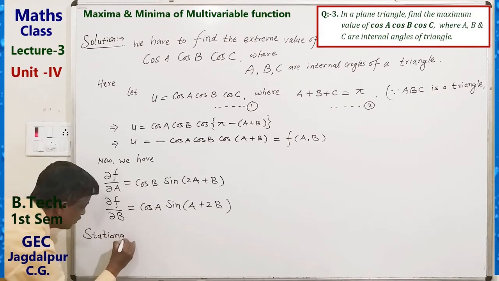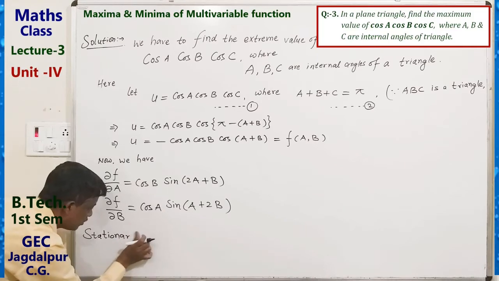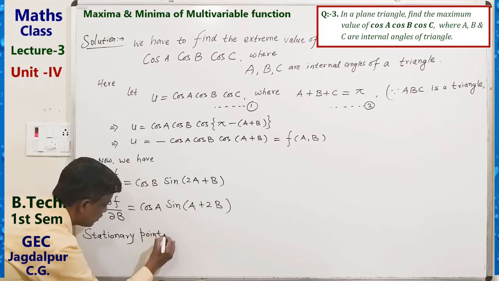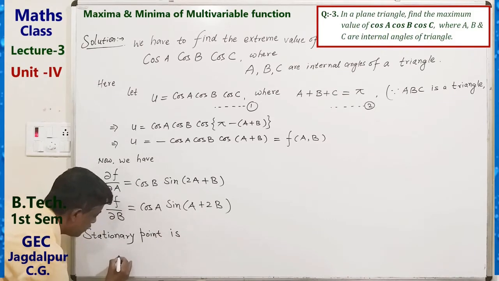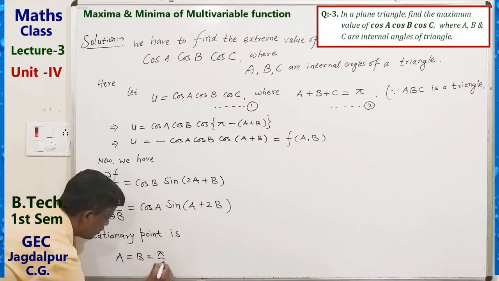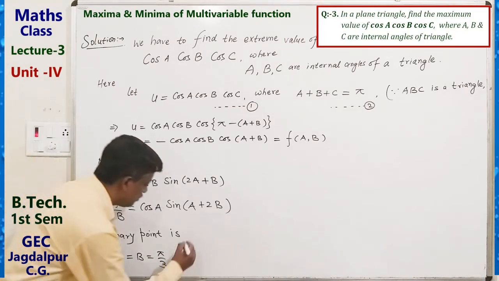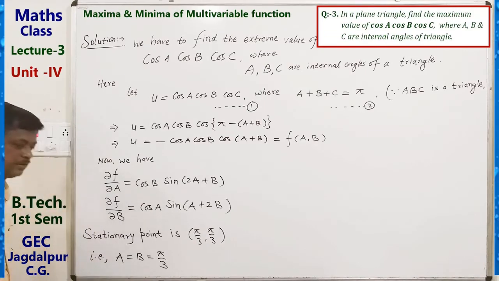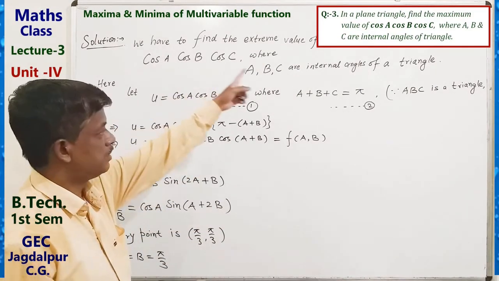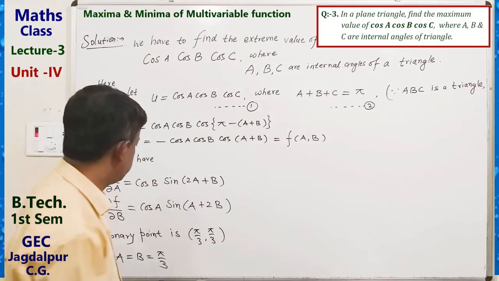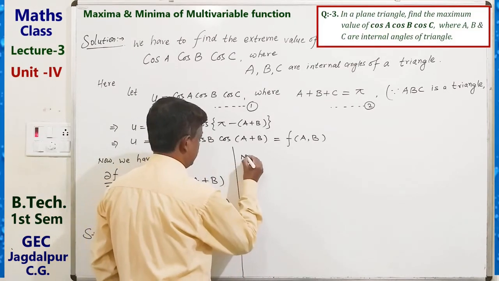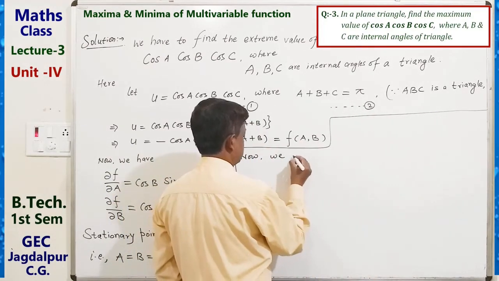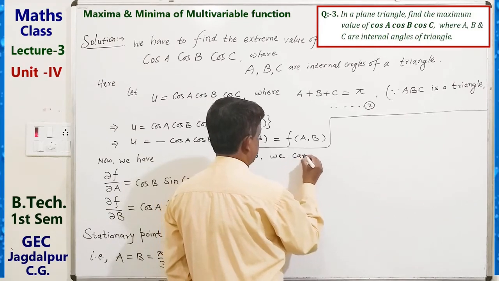A stationary point is pi by 3, pi by 3. Now we will find r, s, t.